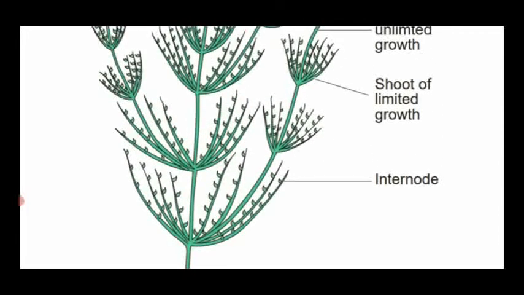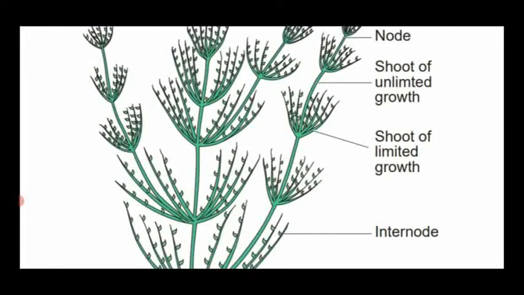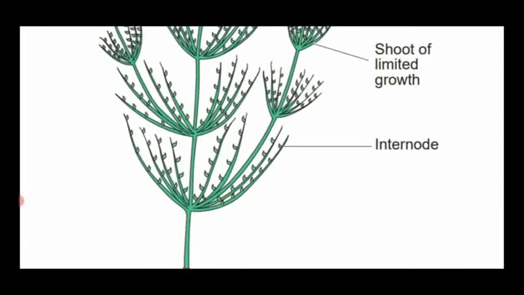Then the main axis is divided into nodal and internodal regions. The internodal region has cells known as axial cells. These axial cells are surrounded by vertically elongated cells arising from the nodal region, known as cortical cells.